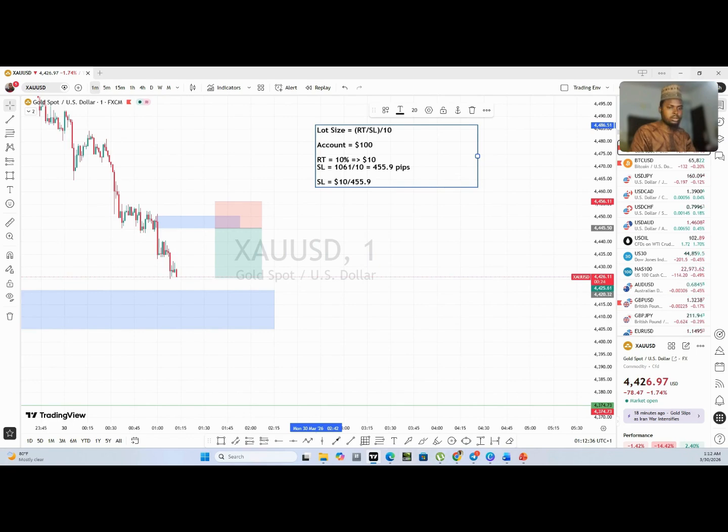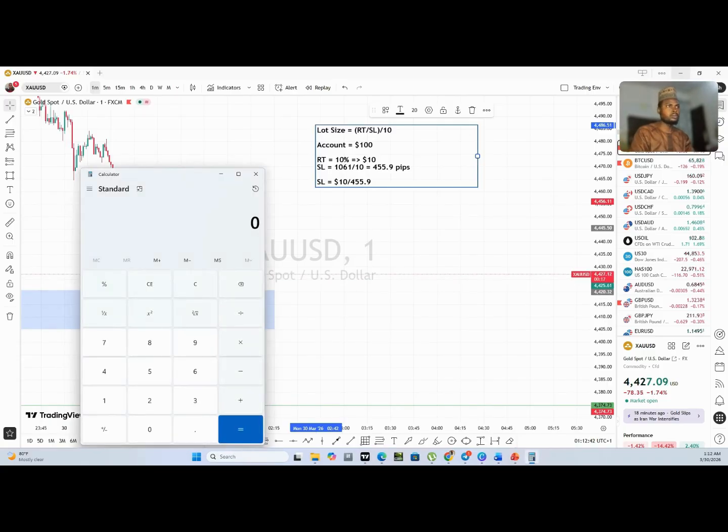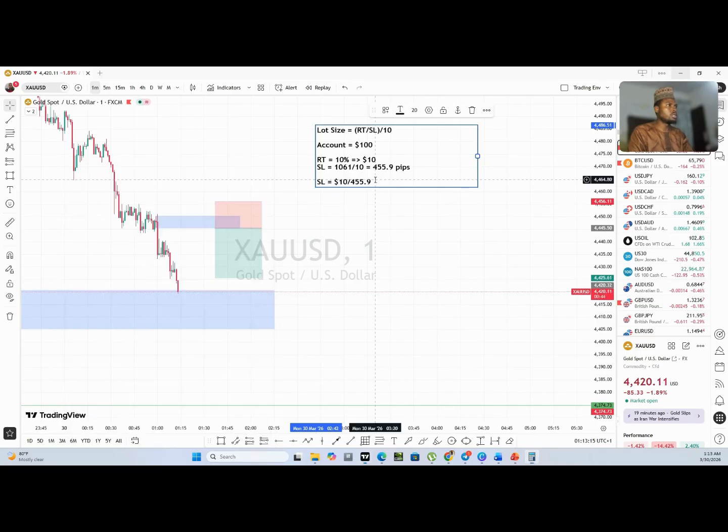Where is my calculator? 1061 divided by 10, which is equal to 106, and I think it has a decimal number.